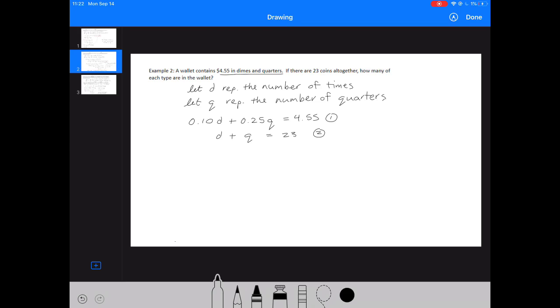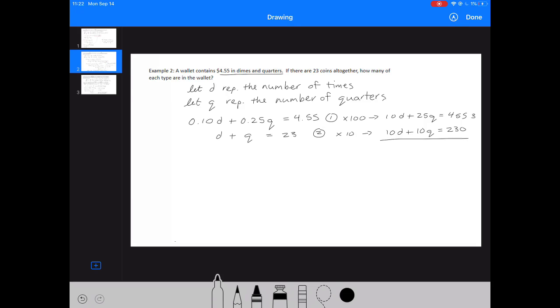So what I'm going to do is multiply this first equation by 100, and multiply the second equation by 10. So I've got 10d plus 25q equals 455. And then here I would have 10d plus 10q equals 230.